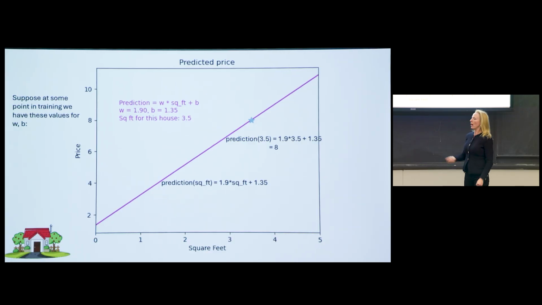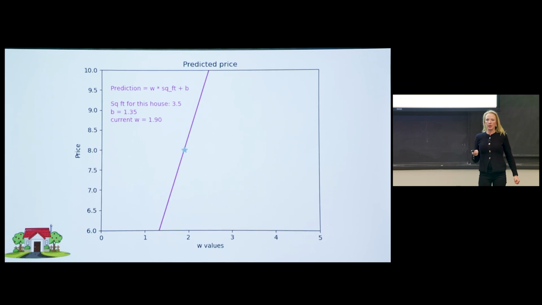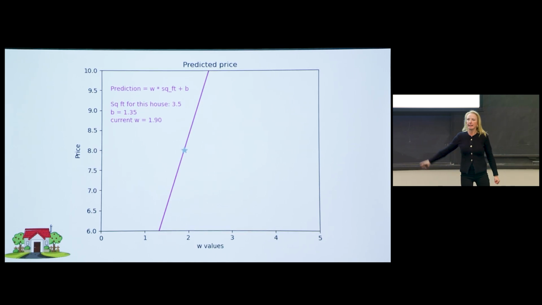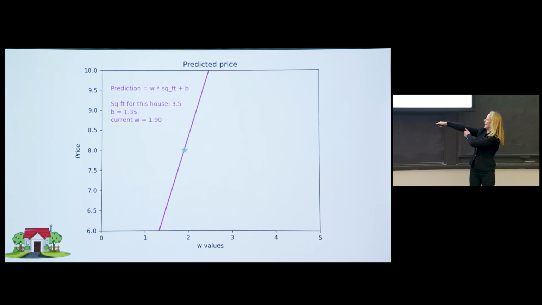I can consider one to be the variable, like the square foot, and the other to be the slope. Or I can turn it around and consider the other one, the square footage for this specific house I'm considering. Here is how the predicted price for this house varies as I change my W value.